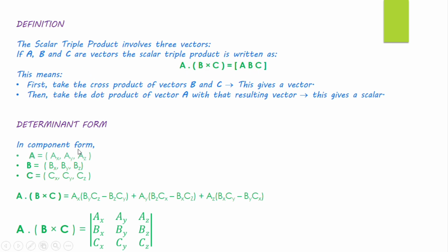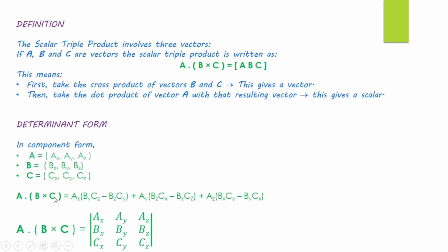In component form, we can write vector A is equal to Ax, Ay, Az, vector B is equal to Bx, By, Bz, vector C is equal to Cx, Cy, Cz.